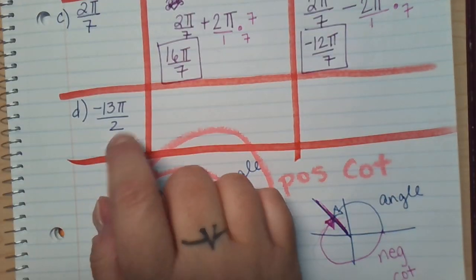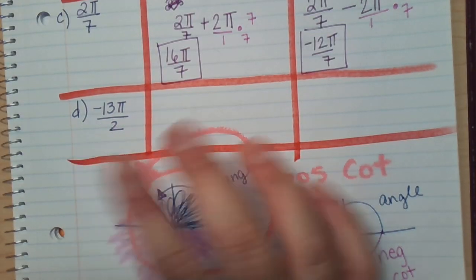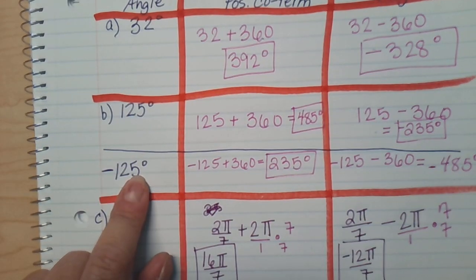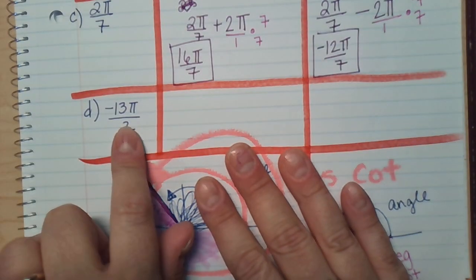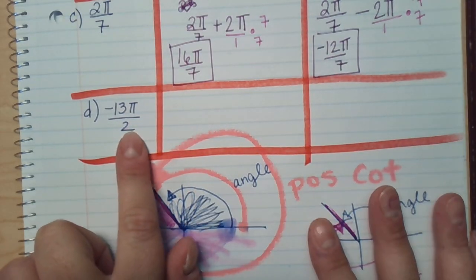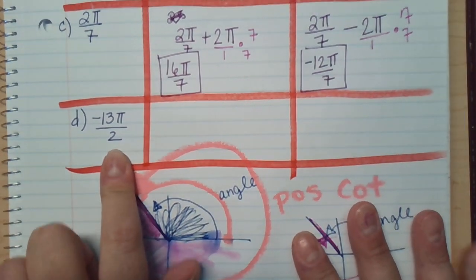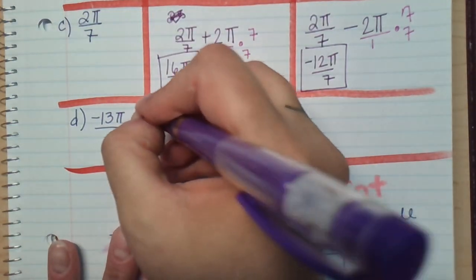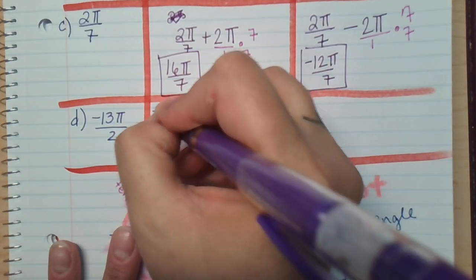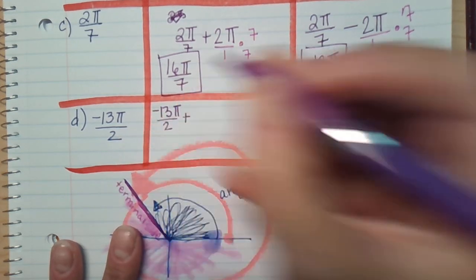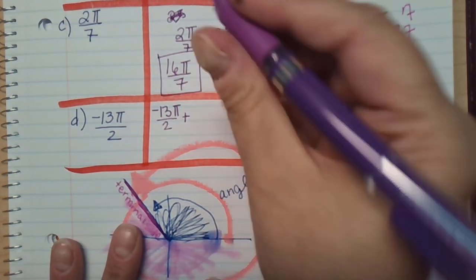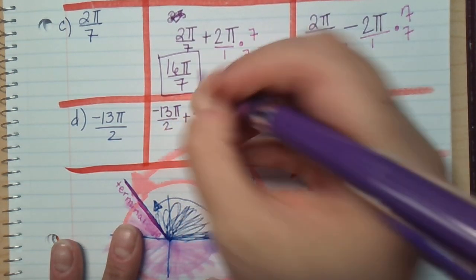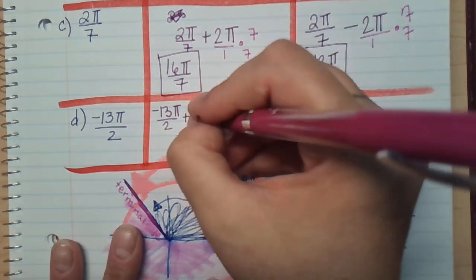Let's say I start off negative, kind of like I did on part B with negative 125, but I started out with a freakishly big negative. Whew, okay. So to find a positive coterminal angle, we're going to start with this negative 13 pi over 2. And then we're going to go ahead and add 2 pi. Okay, good friend 1, can you help me out?